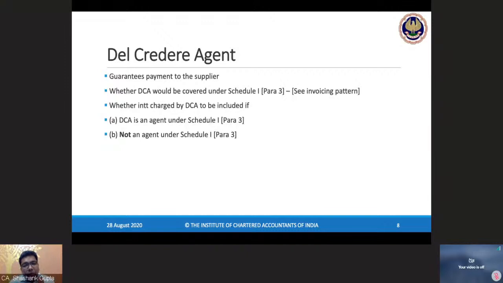So, whether a Del Credere Agent would be covered under that category? Yes, no. The answer is, coverage of a Del Credere Agent under Schedule 1 has to be separately analyzed, and merely being a Del Credere Agent is no testimony to the fact whether he will be covered under that principal-agent relationship or not.